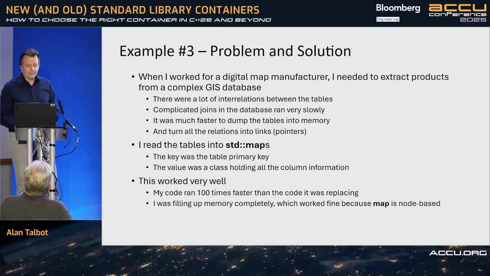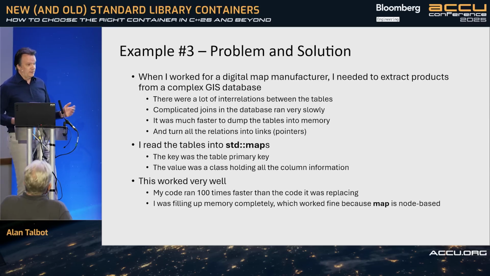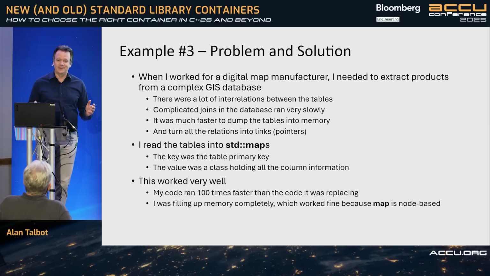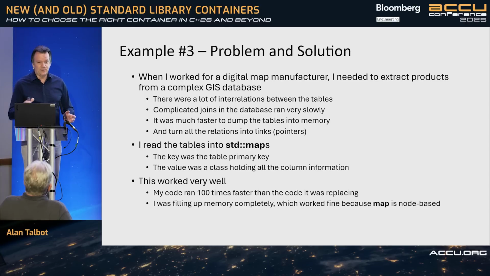And I was filling up memory very completely. I know this because I originally was working on a 32-bit computer, and I had to tell Windows, I want 3 gigabytes, not 2, for my process space. There was some magic way you had to do that, or it would only give you 2. And we had to do that to get the biggest tile, and the biggest tile was Texas.